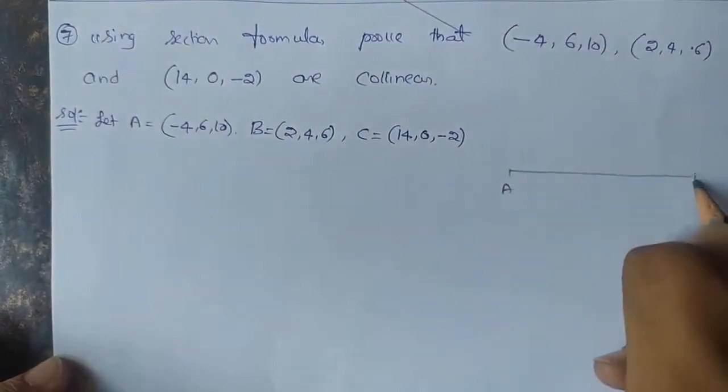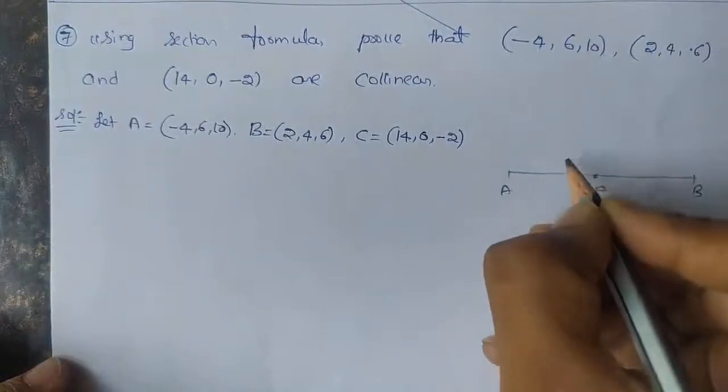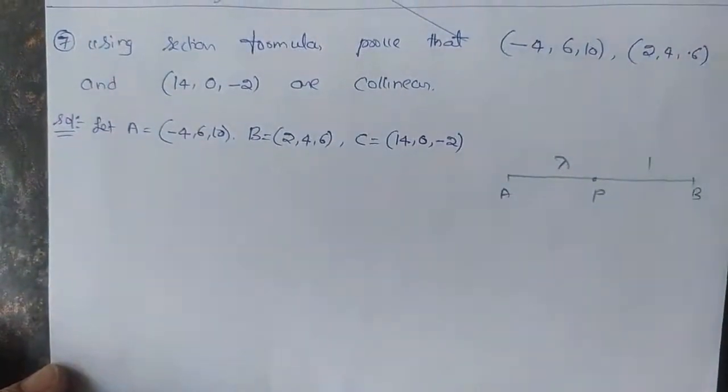It is AB, this point is P, with ratio lambda is to 1.